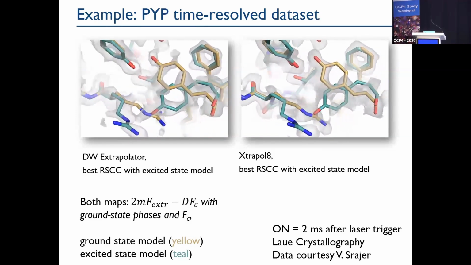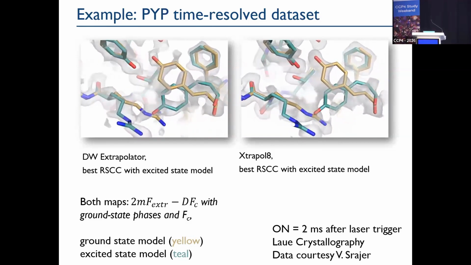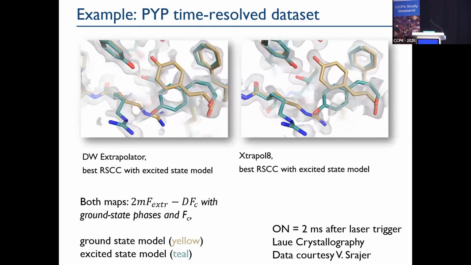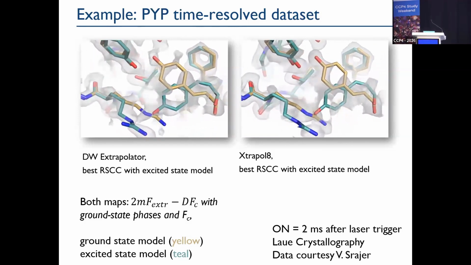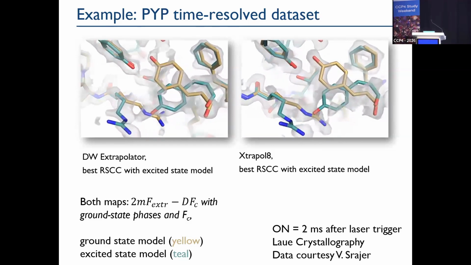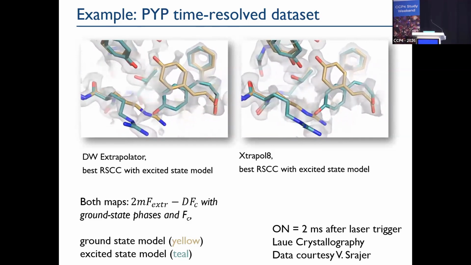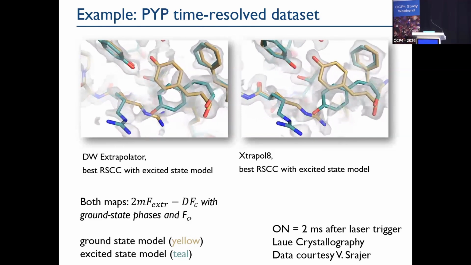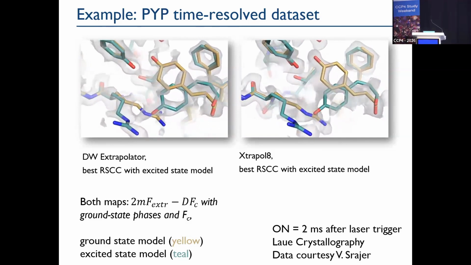And what you see in teal here is the electron density we get for the excited state when using the ground state phases and the ground state refined model as a starting point. So basically, this is the starting electron density you get if you want to refine your excited state model against extrapolated structure factors.